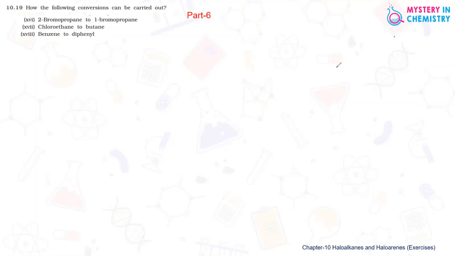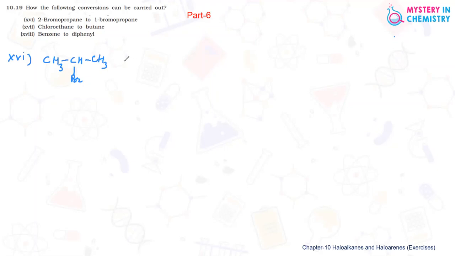So in part 6, we are doing the conversion that is 16 to 18. The 16th one is 2 bromopropane to 1 bromopropane. 2 bromopropane, propane, 3 carbon atoms. 2 bromo, second carbon is having bromine and propane CH3. This compound should be converted to 1 bromopropane.